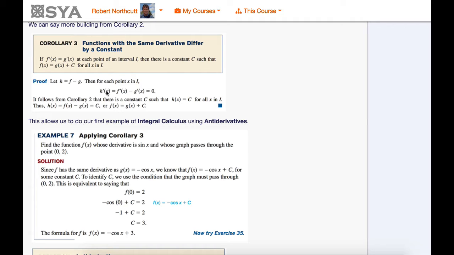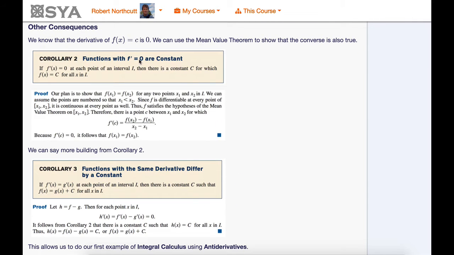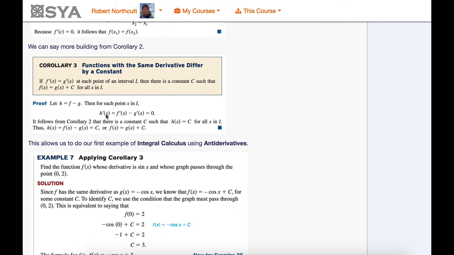But we know the derivative of h would be zero, since f prime minus g prime, well, those are always the same. That was our assumption. So that derivative is zero. But if the derivative is zero, from the previous corollary, we know that the function must be a constant. So that means h must be a constant.